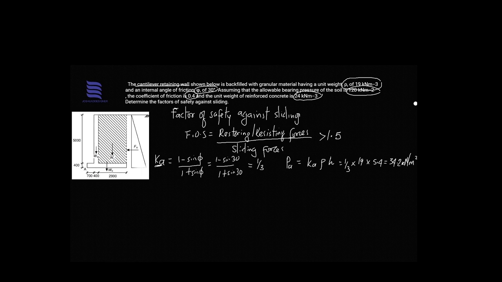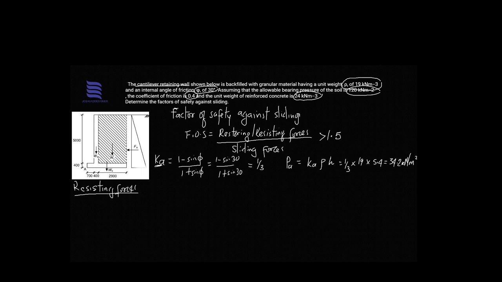Right, so to find the restoring or resisting forces, these are forces that seem to hold your retaining wall in position. They tend to put it in a stable position, while the sliding forces are forces that are trying to move it away from the stationed position.